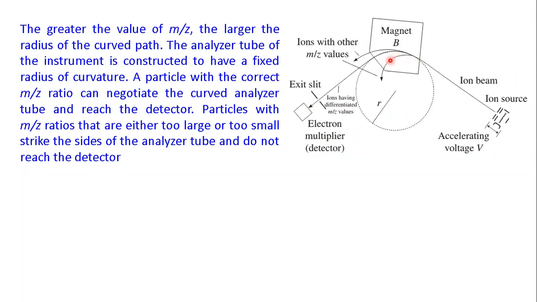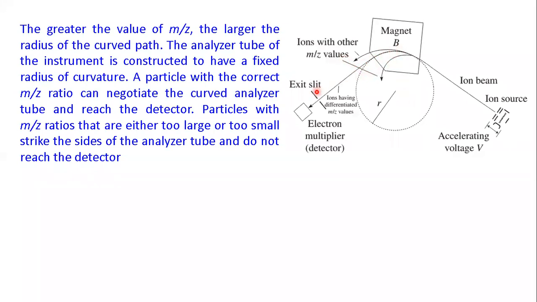Your ion is generated here, it is accelerated, it is moving in this direction, a magnetic field is applied here, so you have a curved path now. Some ions can have a bigger curved path, some ions can have a very small r, so they will just strike here, and some ions will have proper r, so they can move in this direction.